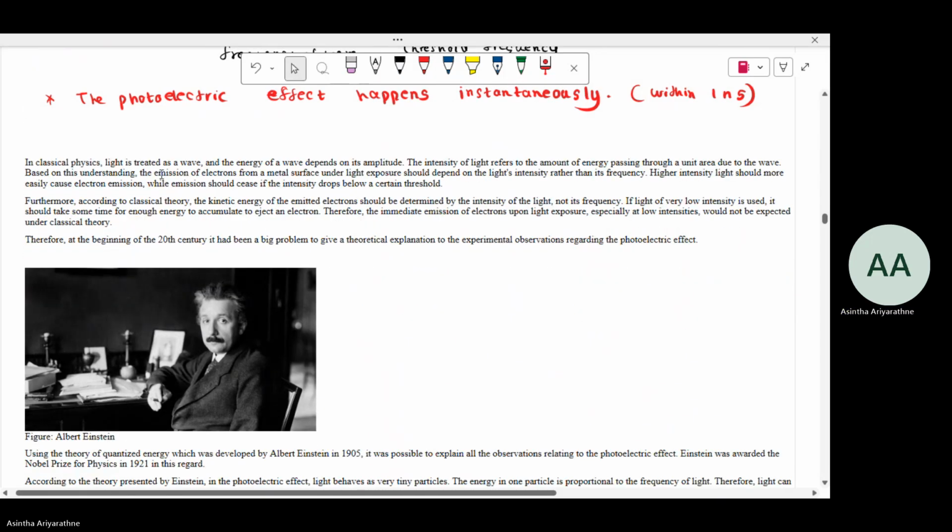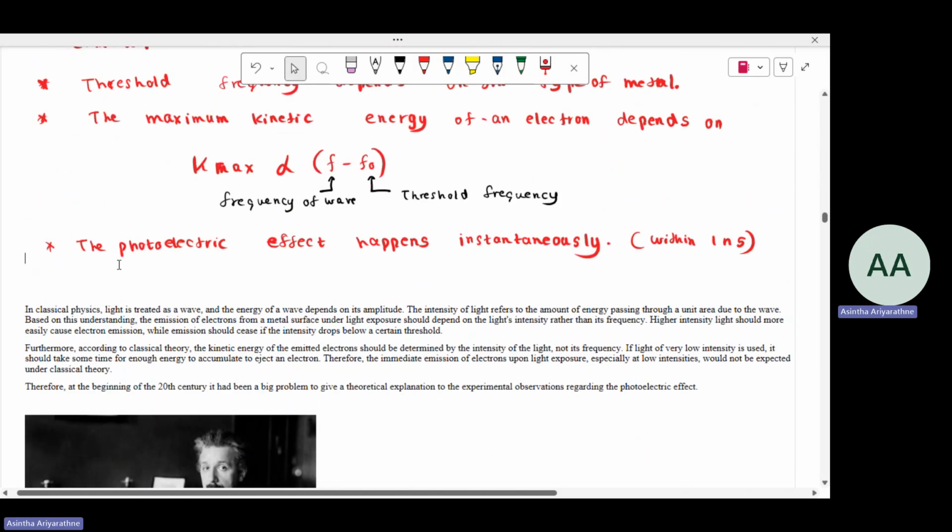Normally, in the waves and oscillations section, we studied the behavior of electromagnetic waves and considered them as pure waves.